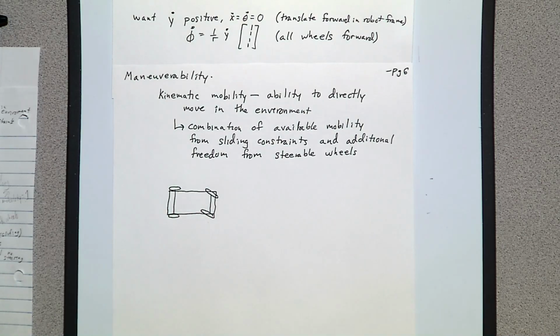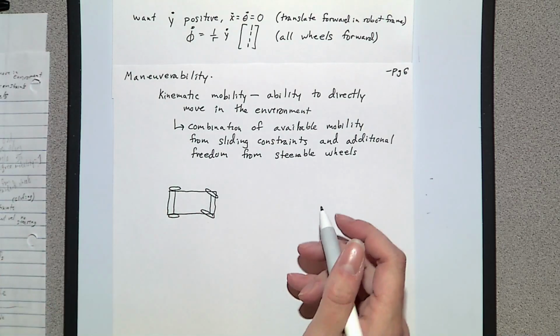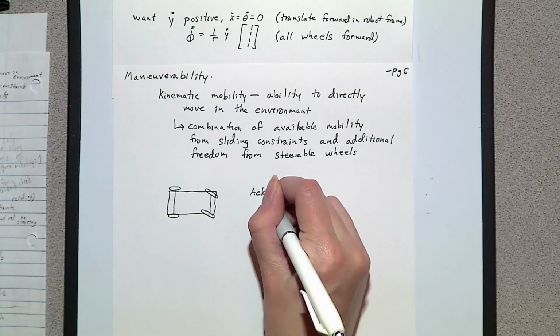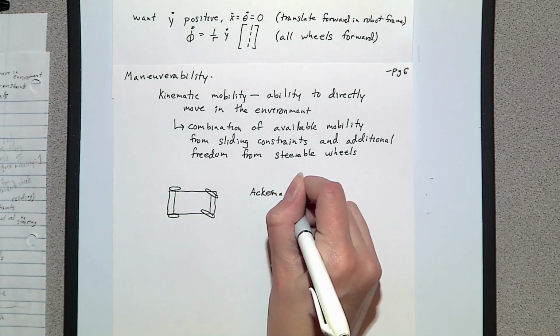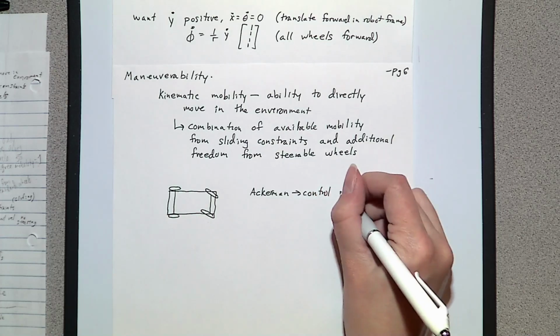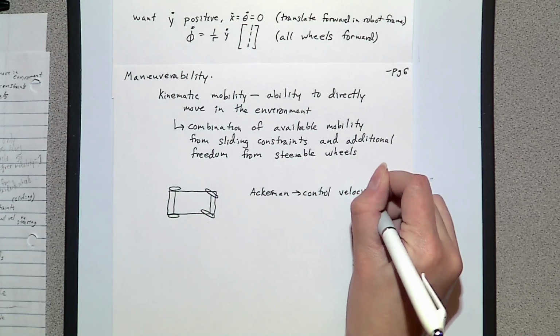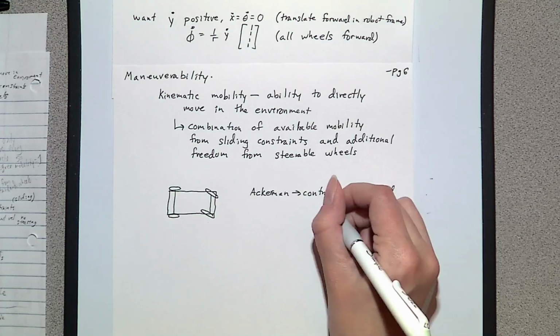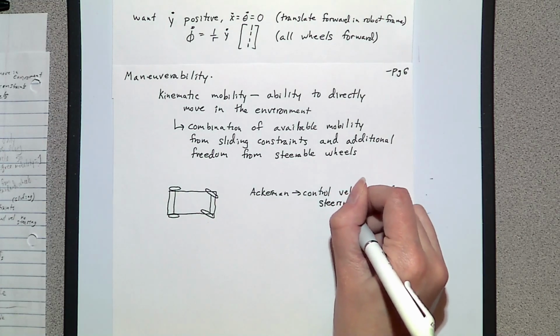And so this is an Ackermann. So we can control our applied velocity and our steering angle.